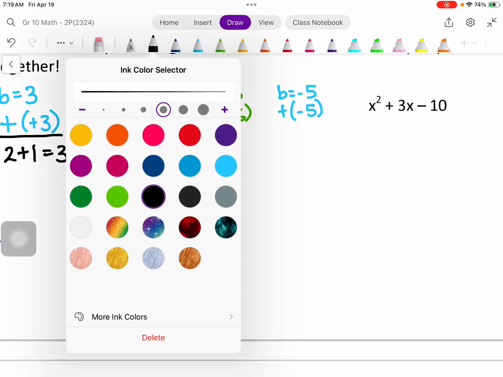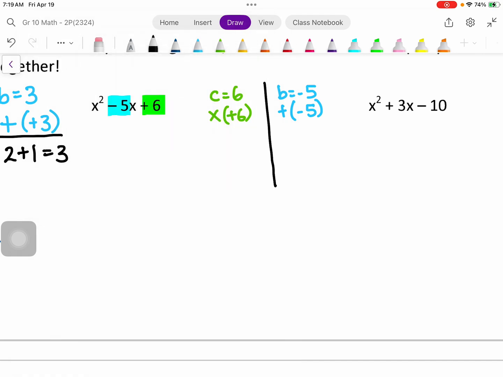Okay, so I'm always starting with the c, multiplying to the c value, because there's only so many numbers that will multiply to the c value, but we can add to get -5 in an infinite number of ways. So we're always starting with c, what we multiply to.